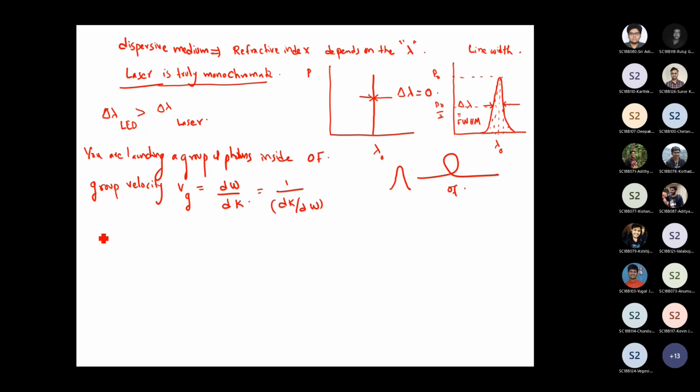Here k is the propagation constant, which is given as 2 pi by lambda, which is the same as omega by c into n.